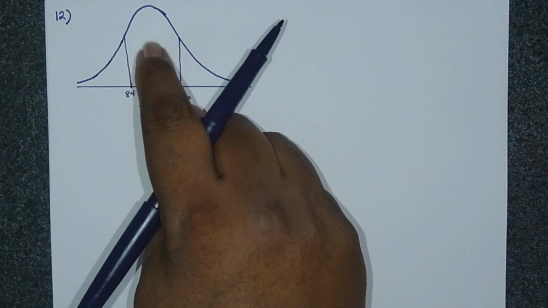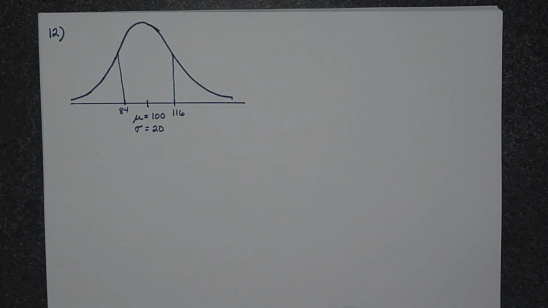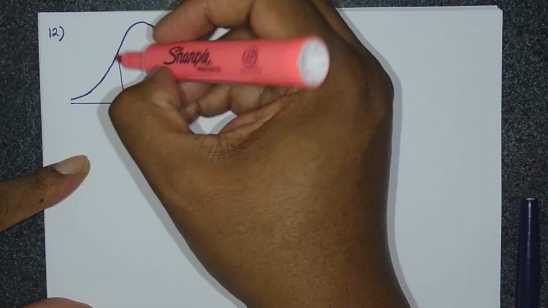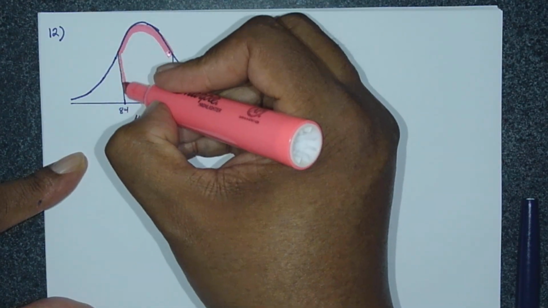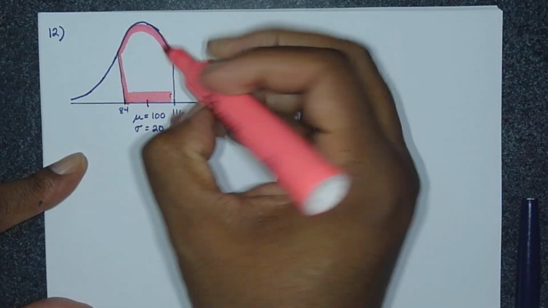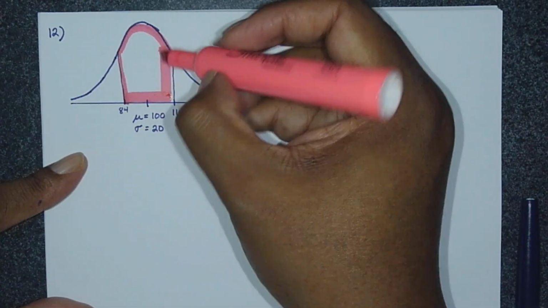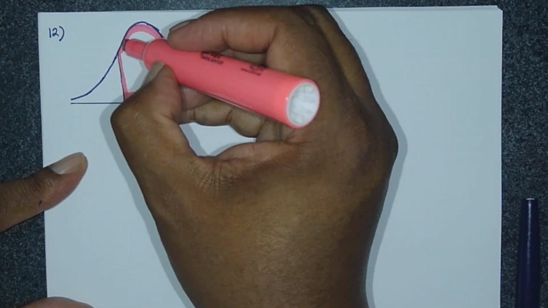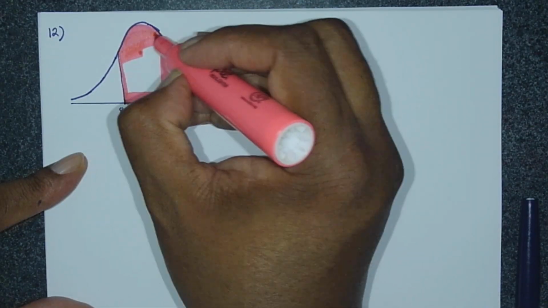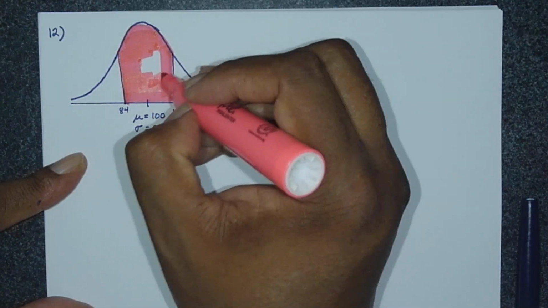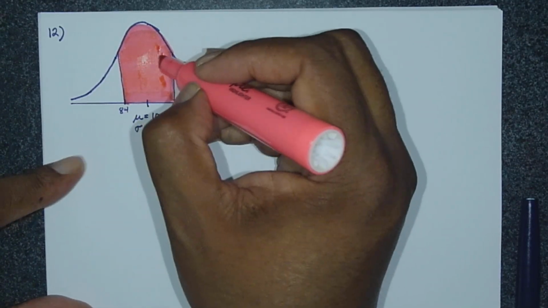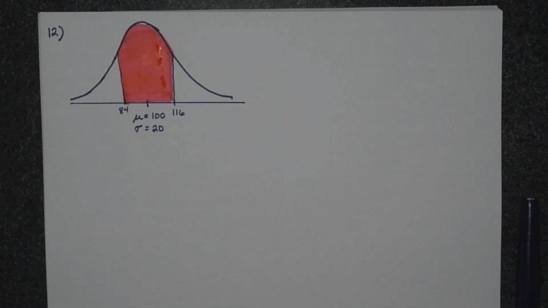So we're looking for the area in between those two. Okay, so that's the shaded area that we're looking for in this case.